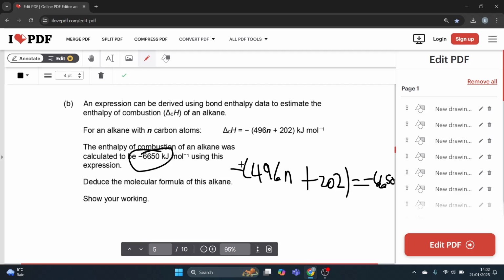And then, well, I guess I can divide by minus 1. 496n equals 6650 minus 202.